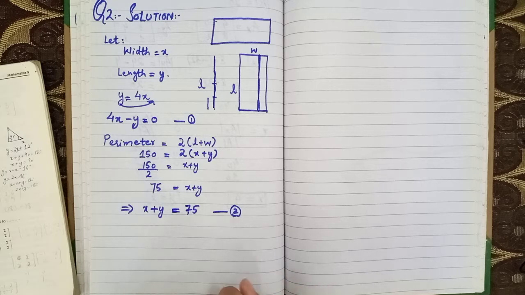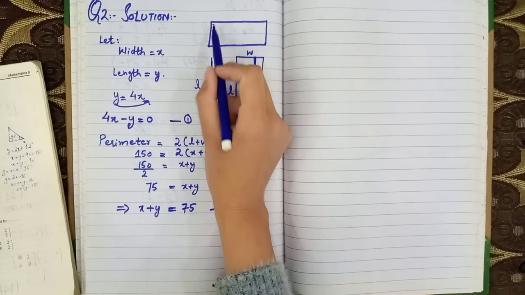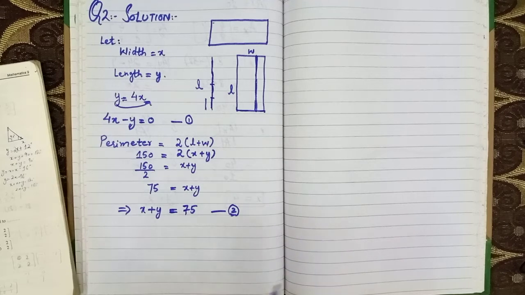What is required? Find the dimensions of the rectangle. What are the dimensions? Dimensions are actually the things from which the diagram is made, like the pillars of a building. For a rectangle we have two dimensions, length and width.